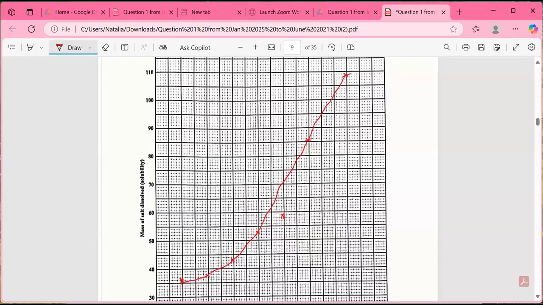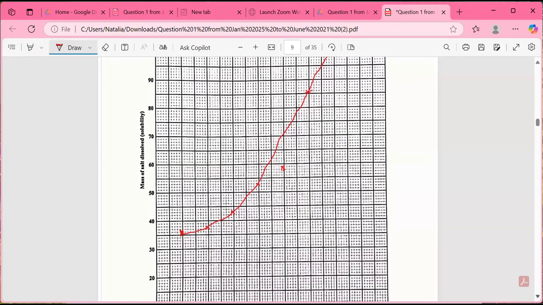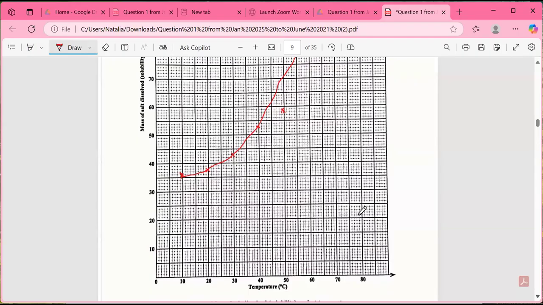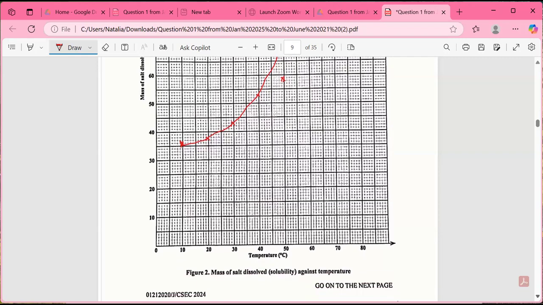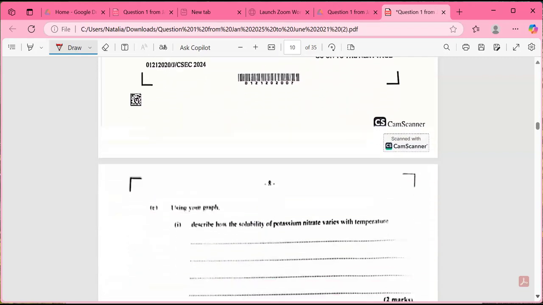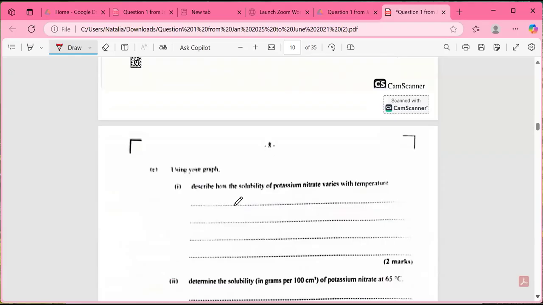That's my curve. So what do we notice about solubility as temperature increases? Temperature is increasing. What do we notice about the solubility of potassium nitrate? Describe how the solubility of potassium nitrate varies with temperature. What's happening? As temperature increases, what's happening to the solubility?